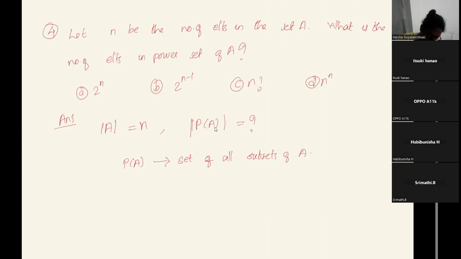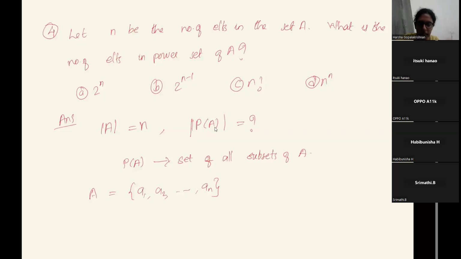Suppose A has n elements, a1, a2, up to an. Now, to find the number of elements in the power set, we need to find the number of subsets of this A.